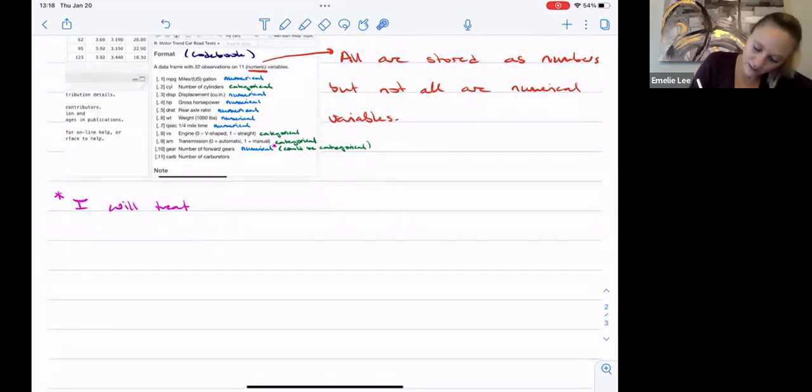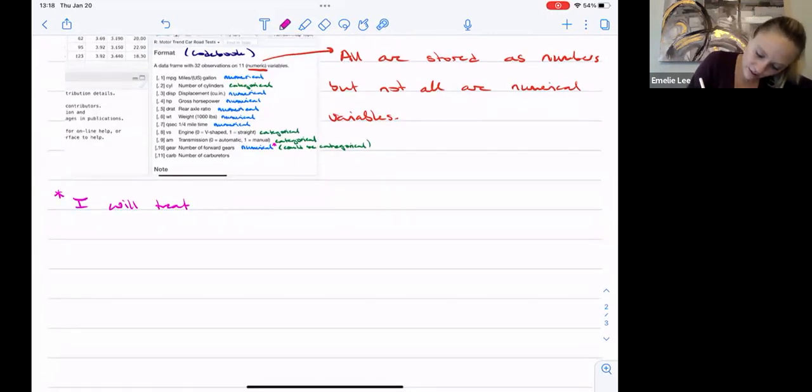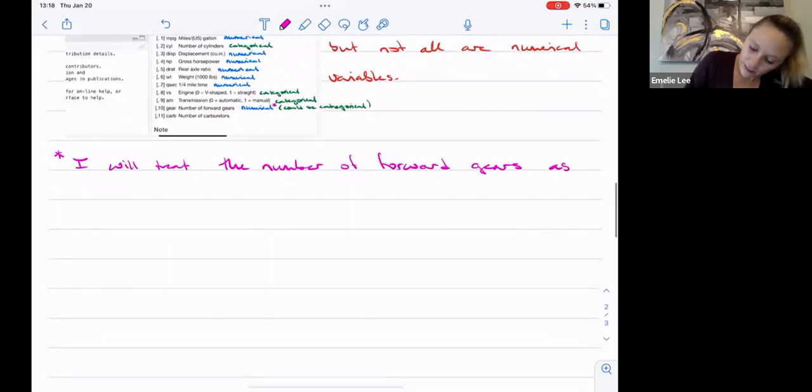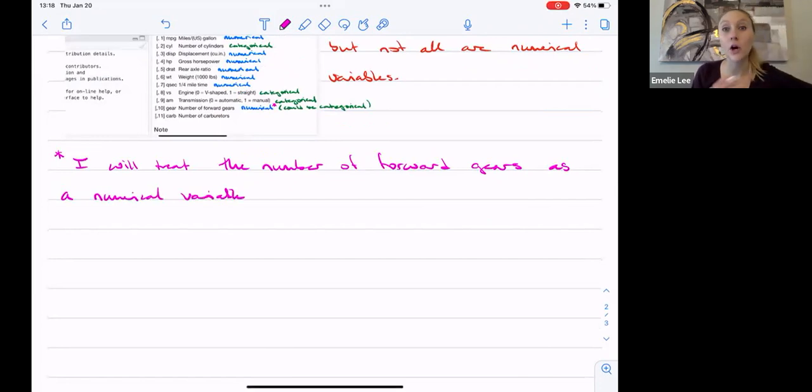So I will treat the number of forward gears as a numerical variable, right? And remember, the argument that I'm going to use, and I expect you to use as well, is if you're treating it as numerical, then the argument would be because it makes sense to talk about the average number of forward gears.